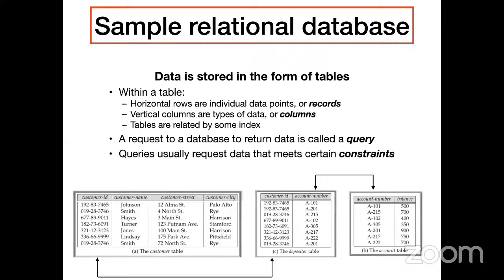There's a unique customer ID for each entry. Once you map the customer IDs, you know the account number of Smith, and then the second and third tables are joined by the index, which is the account number. Once you join these, you know the account balance of Smith.